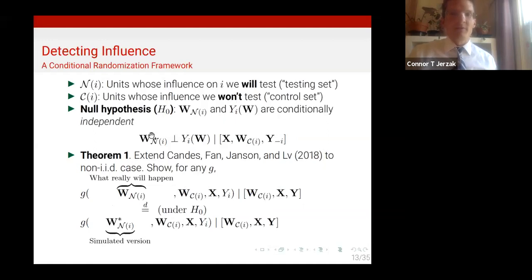The benefit is that this test statistic can then be made more powerful. In other words, the simulation here isn't taking into account information about the potential ways in which the outcome for everyone in the testing set could be related to the treatments for people in the testing set. We're generating the W's without using that information.